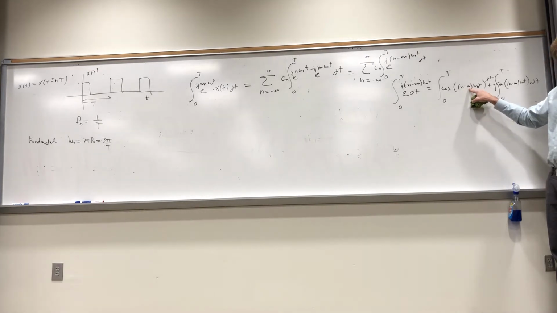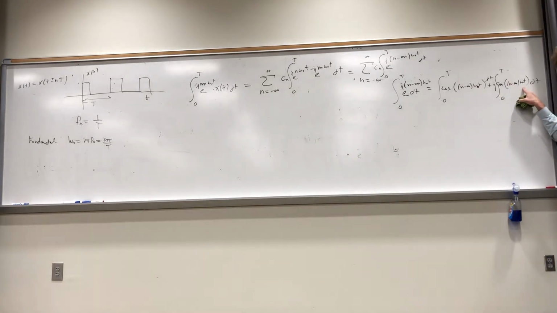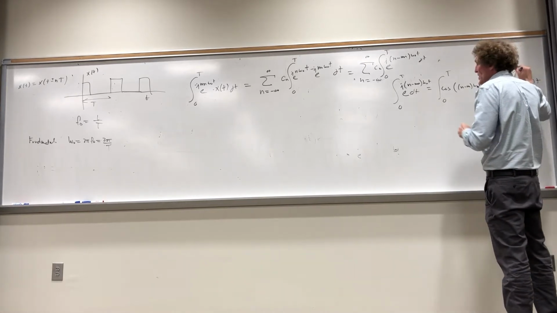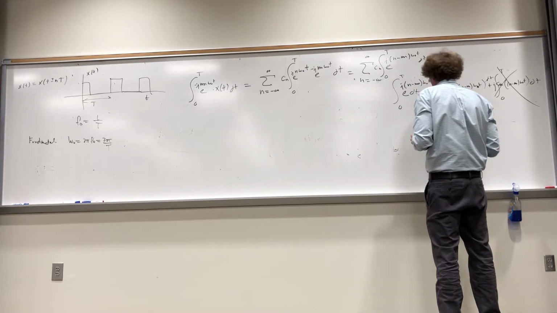If n equaled m, then you would have the cosine of 0, right? Cosine of 0 is 1, isn't it? But the sine of 0 is 0, correct? So you'll get a non-zero value for this only when m equals n.